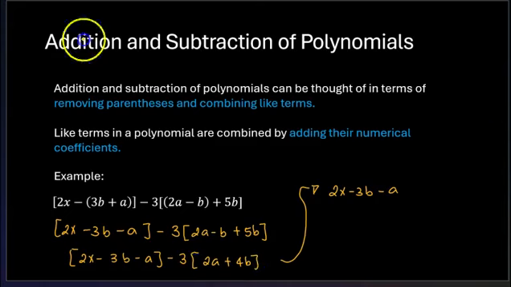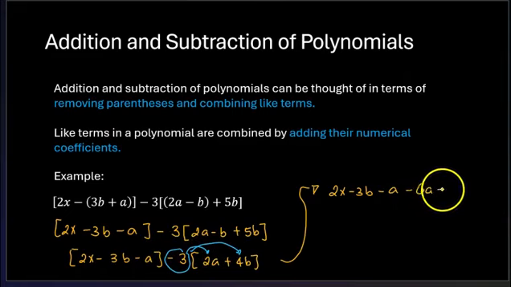I have to multiply negative 3 to each of the terms. Please don't forget that you have to multiply it to each of the terms. So that's negative 6a minus 12b. Then again, for the last step, we look for like terms.